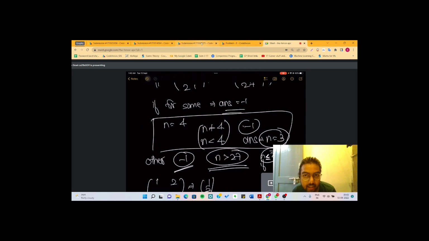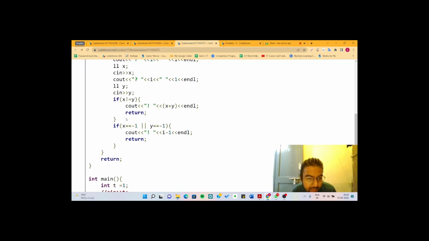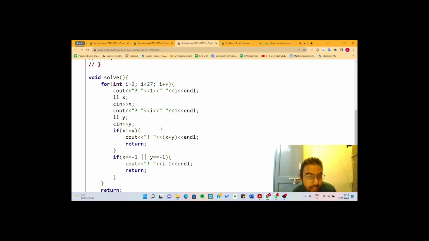Suppose we encounter a minus 1 for some i, say i equal to 5. Then we can see that n cannot be 5. But since we didn't get a minus 1 at i equal to 4, this implies the value of n is 4. So that's why we just output i minus 1 here.